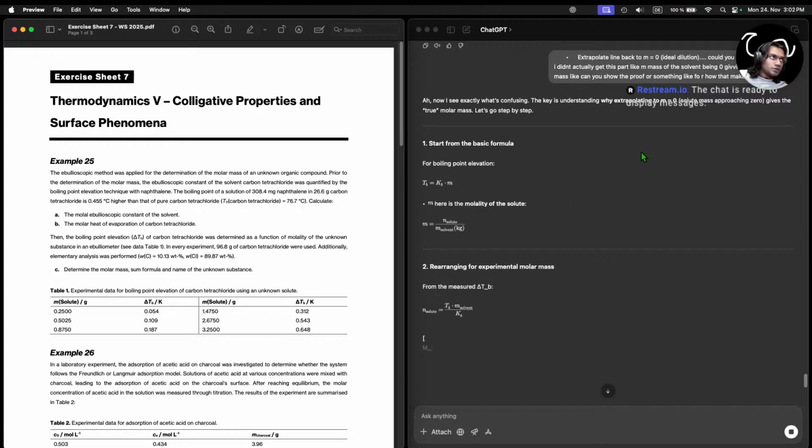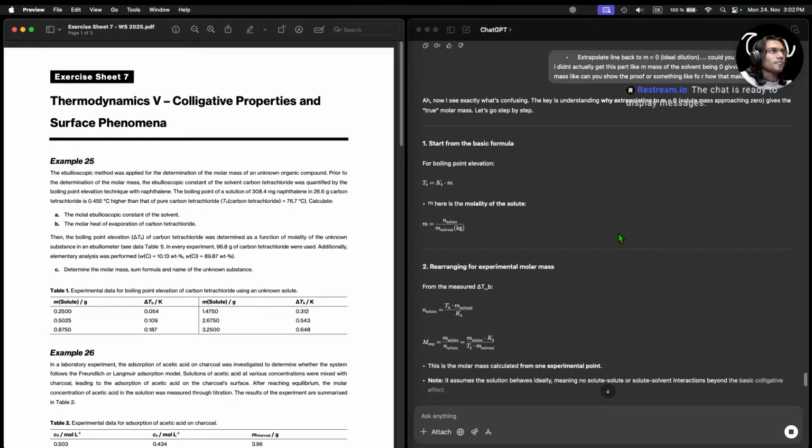Start from the basic formula for boiling point elevation. Here, m is the molality of the solute. m equals n of solute by m of solvent.